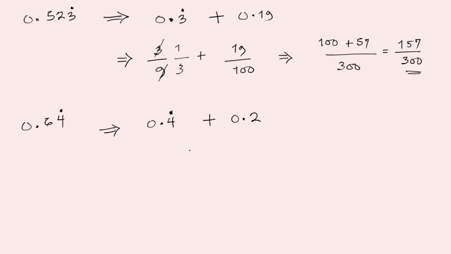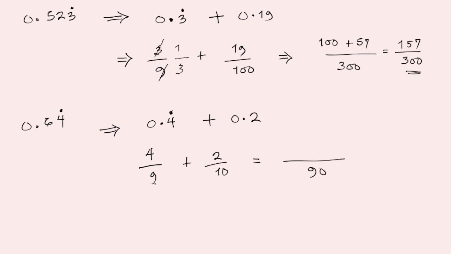So we convert this to fractions independently. This is one decimal place here, right? So that's going to be 4 divided by 9 plus 0.2 is going to be 2/10. And so that's going to give us a denominator of 90.